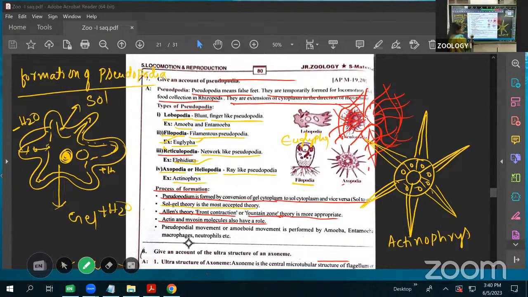Pseudopodial or amoeboid movements are performed mainly by amoeba, Entamoeba, and macrophages, not only amoeba. What are macrophages? In our blood, special cells are there, called macrophages and neutrophils. They also perform amoeboid locomotion. Clear? Next.